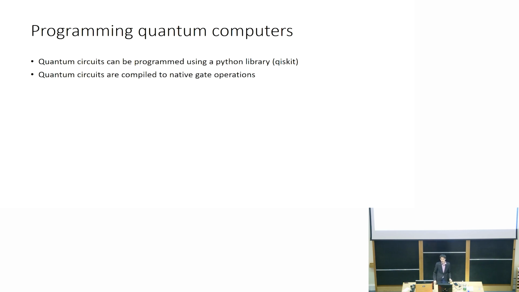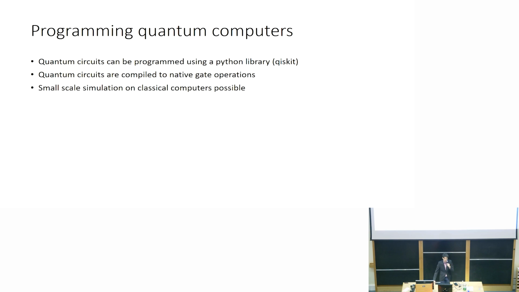The idea is you construct your circuit, then you submit it to a compiler, which will translate your circuit to native gate operations of your quantum computer, which is very similar to what you do for classical coding. And then you can analyze the circuit also with Qiskit.